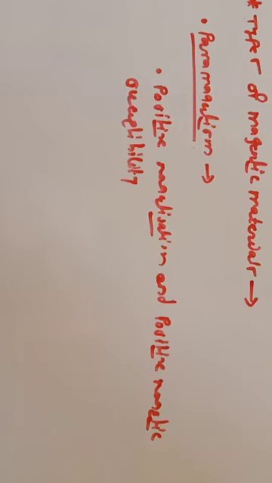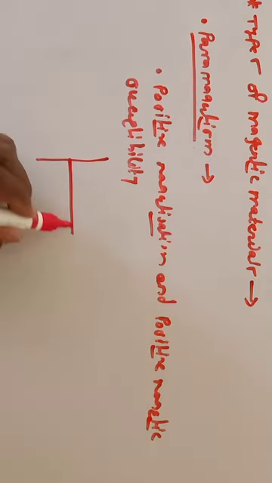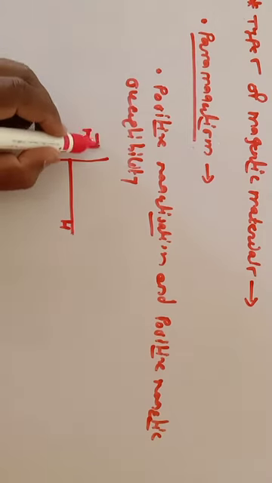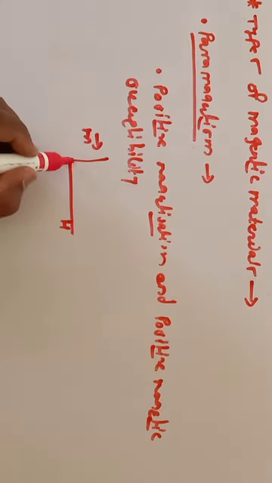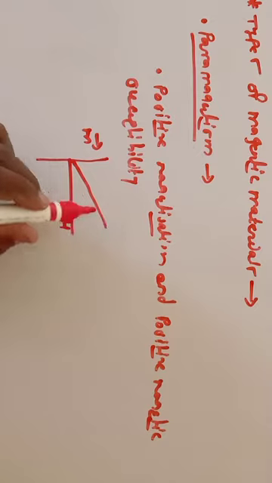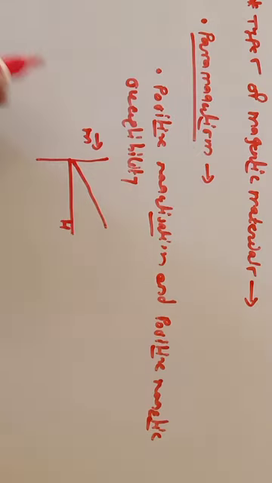So if we see the graphical representation for this paramagnetic material, and we plot the graph of applied magnetic field strength versus magnetization, then we get such a graph, a linear relationship between the magnetization and applied field strength.